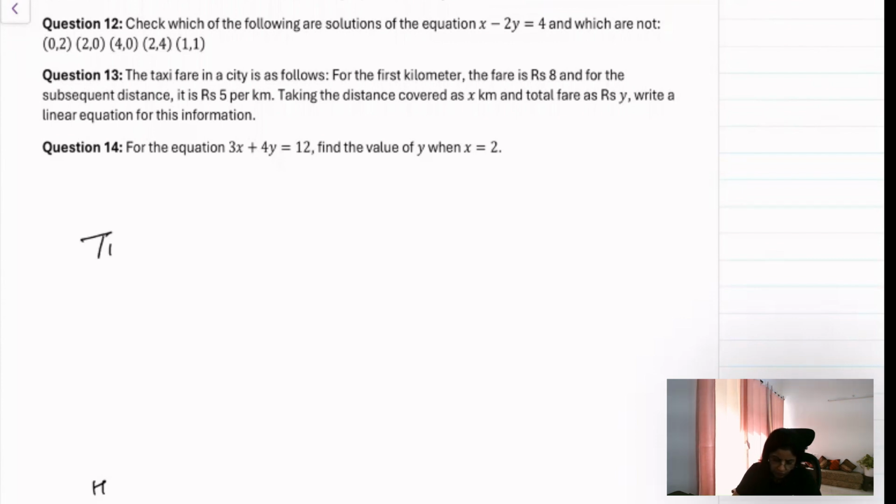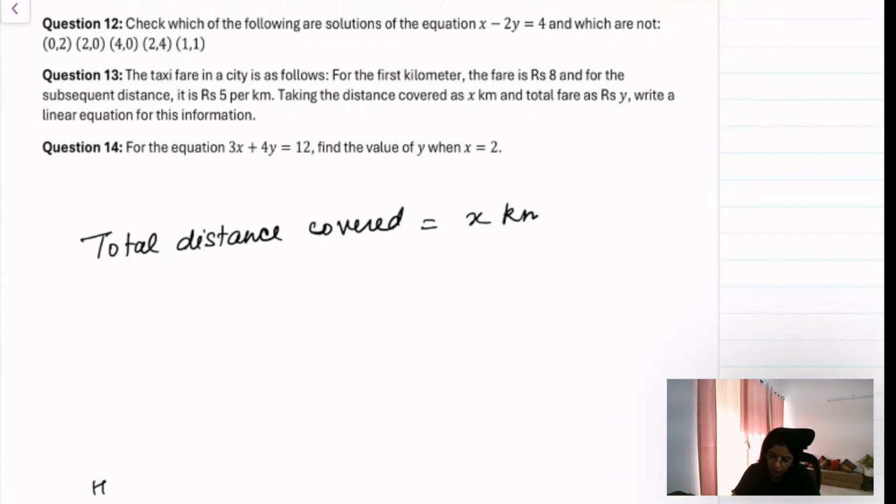So total distance covered is equal to x kilometer, and total fare is equal to rupees y. Write a linear equation with this information.